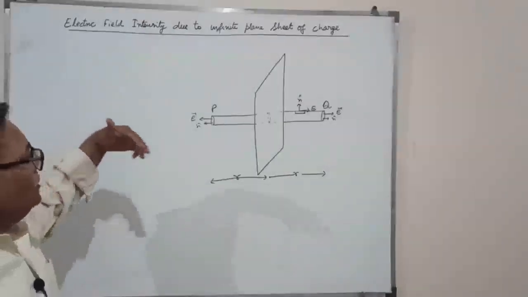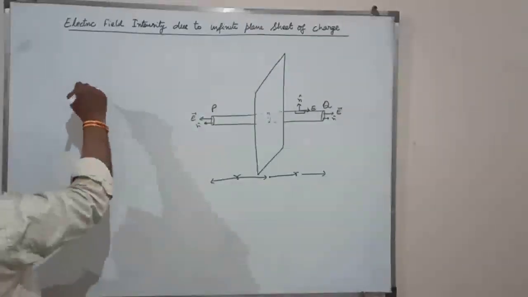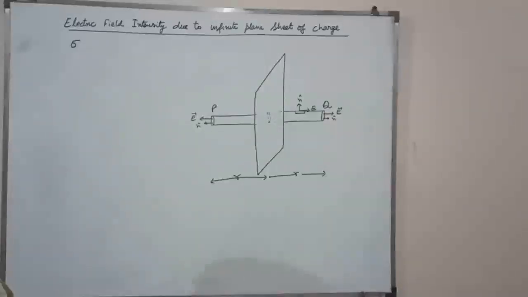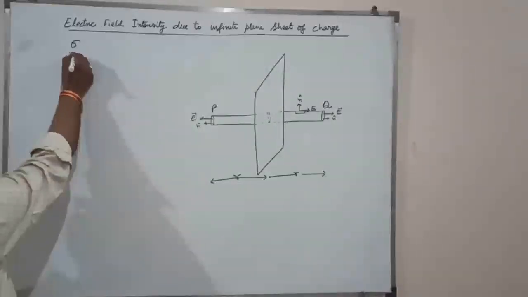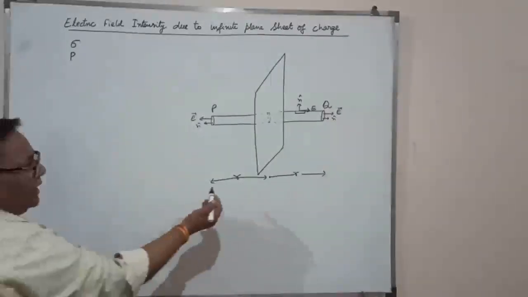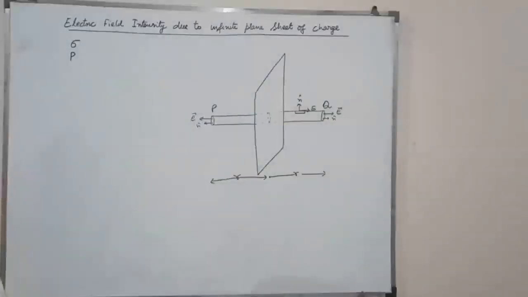Then let us consider an infinite plane sheet having the surface charge density sigma, and P is the point at a distance r from the center of the sheet at which electric field intensity is to be calculated, and we have to apply Gauss theorem.